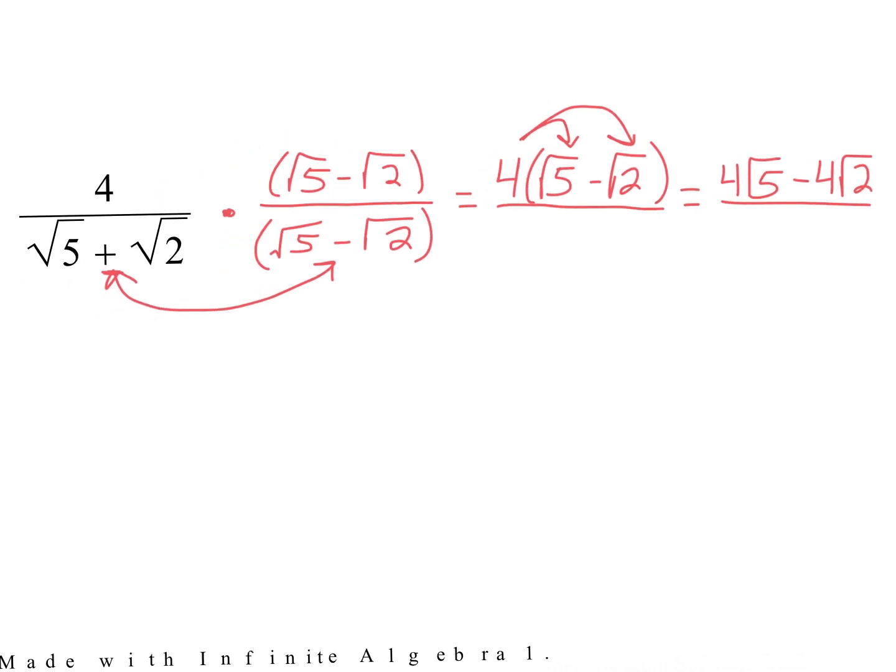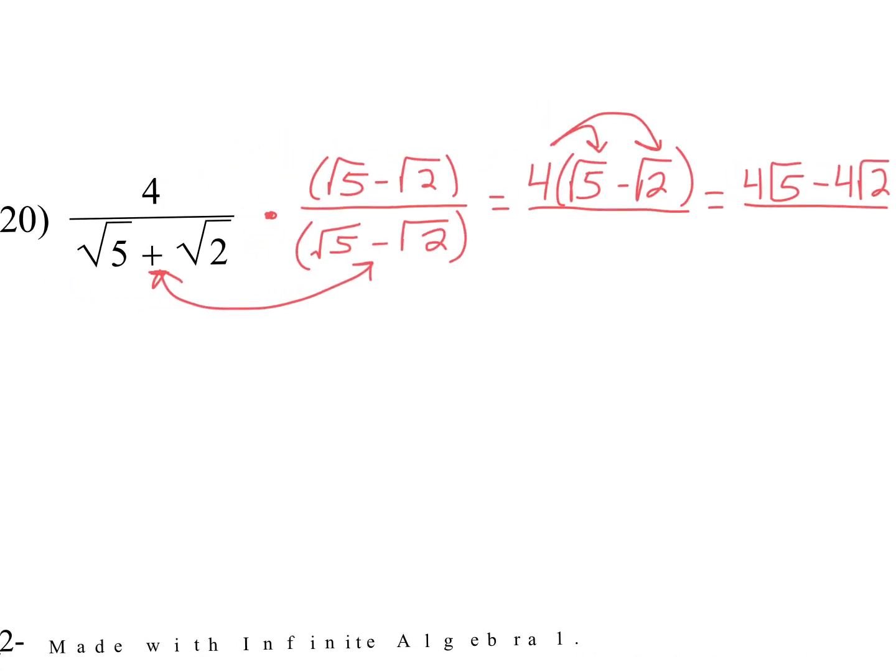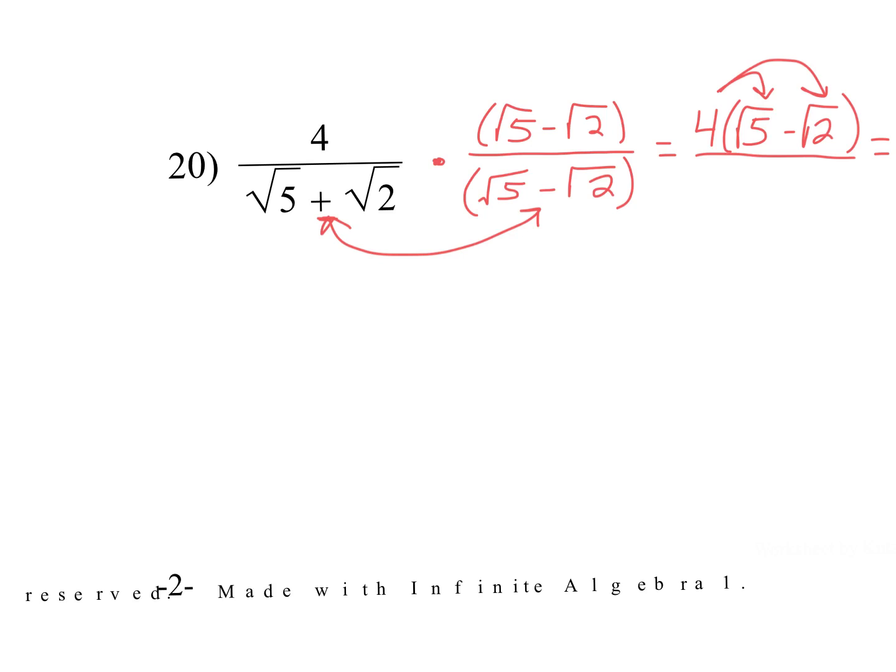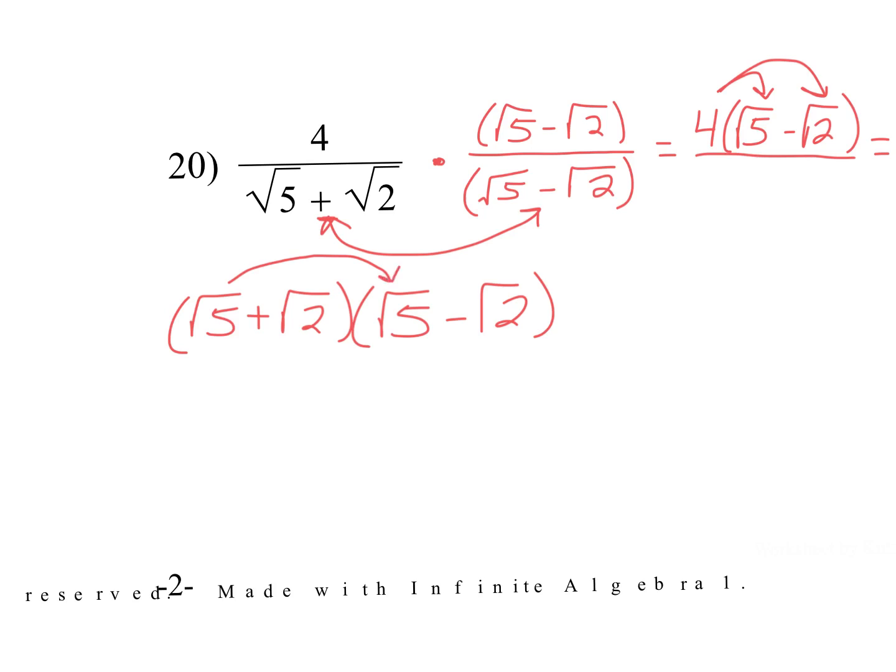All right, the bottom, I'm going to come off to the side because we have square root of 5 plus the square root of 2 times square root of 5 minus the square root of 2. So we're going to take square root of 5 times the square root of 5. What's that? Square root of 25. Then we have square root of 5 times negative square root of 2.